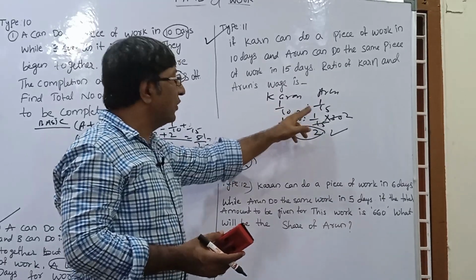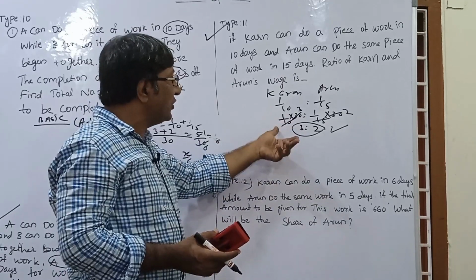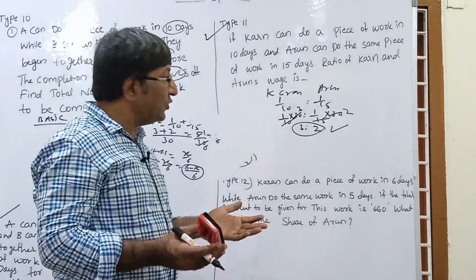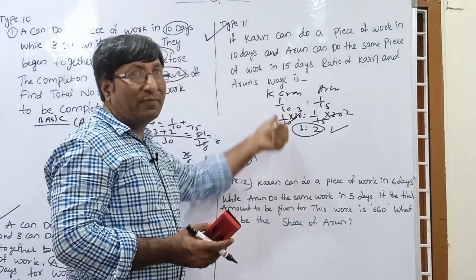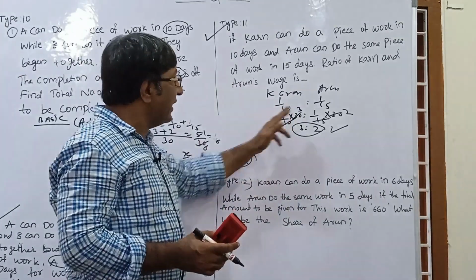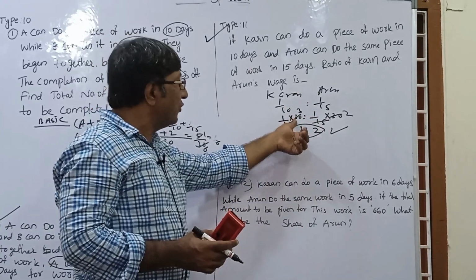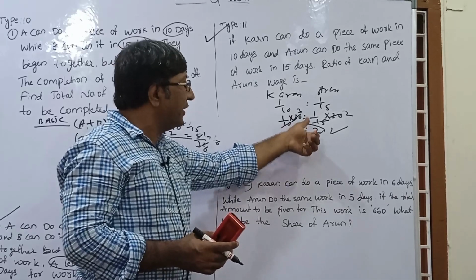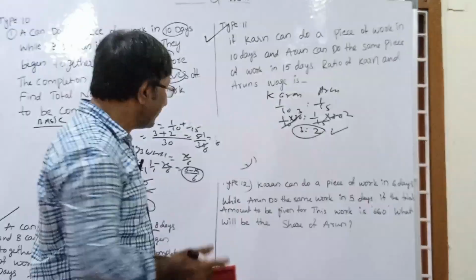This is the ratio of the work, and it will be the ratio of the wages. We change this fraction ratio into a simple ratio by multiplying by the LCM. The LCM of 10 and 15 is 30. So 1 by 10 into 30 gives 3, and 1 by 15 into 30 gives 2. Our correct answer is 3 to 2.